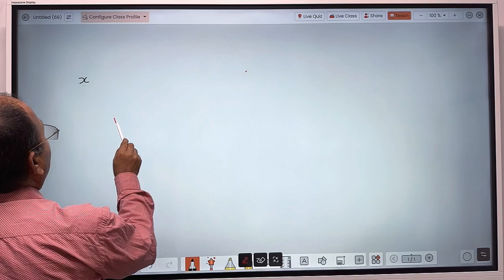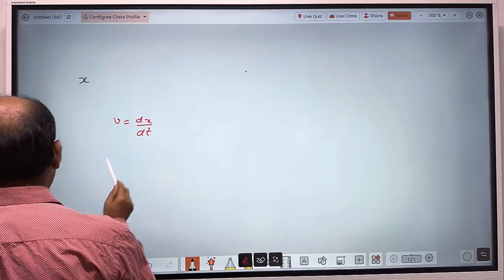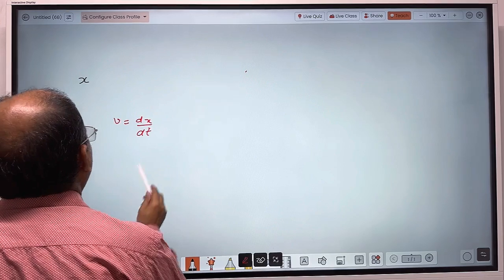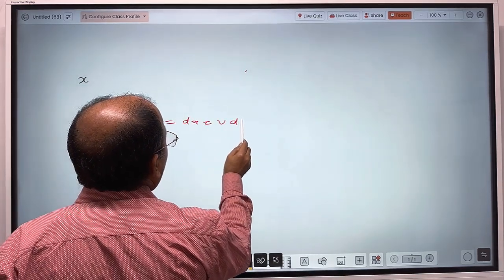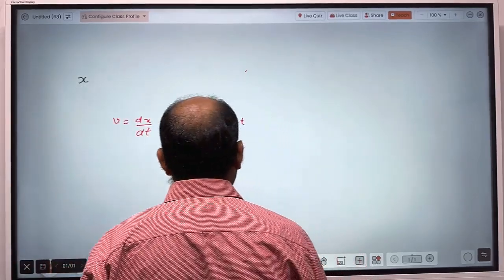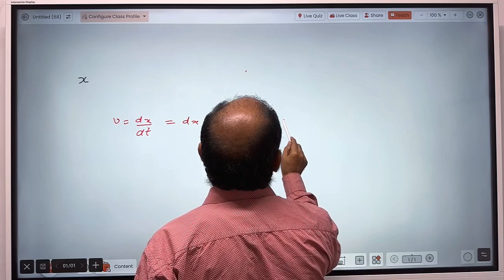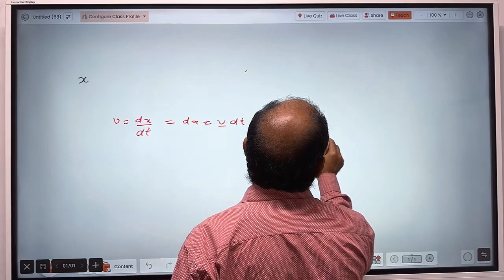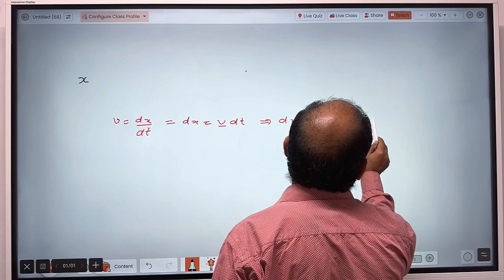We know that velocity equal to dx upon dt, or dx equal to v dt. Now in place of v, we can write u plus at from the first equation of motion. So dx equal to u plus at dt.